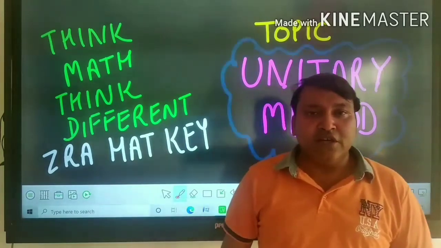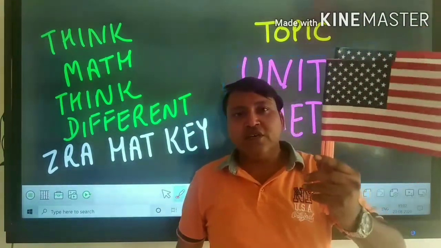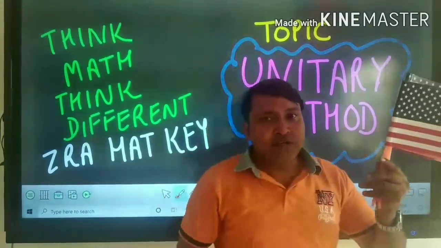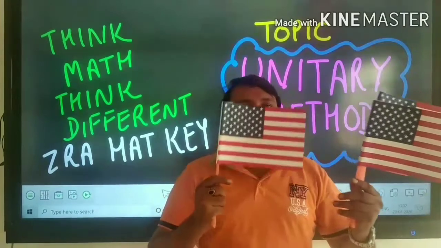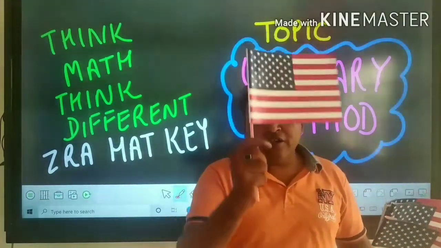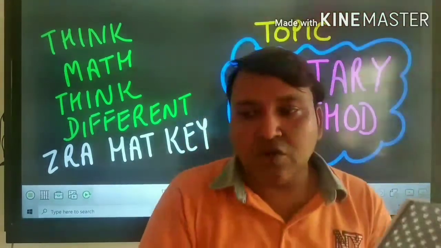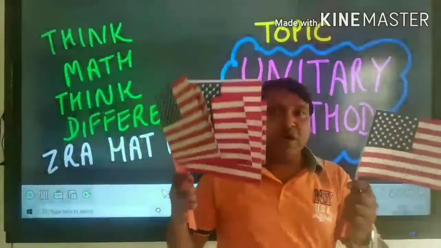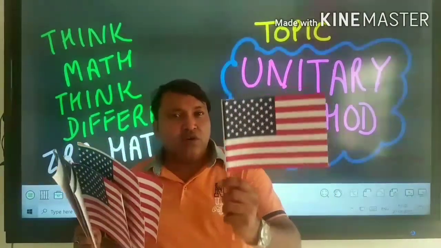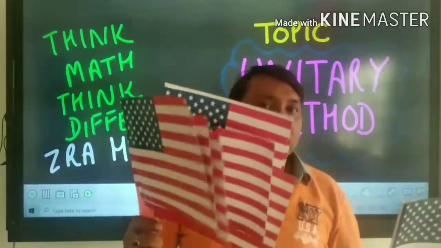In the unitary method we will take the help of this given part to find the cost of a single flag. Okay, this single unit's cost will be found out and this will be used to find the cost of the question part.